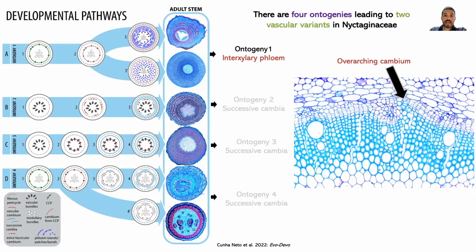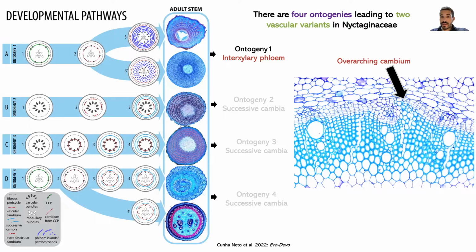But the important aspect here is that this cambium presents an irregular activity because it produces secondary xylem and secondary phloem at unequal rates across the stem circumference. And that results in the formation of phloem strands within the secondary xylem.